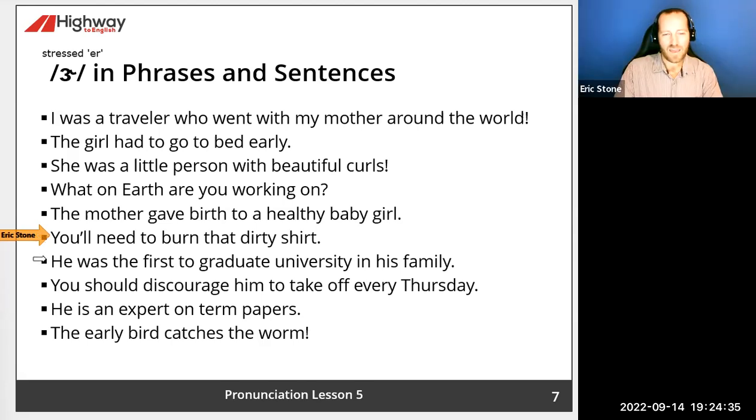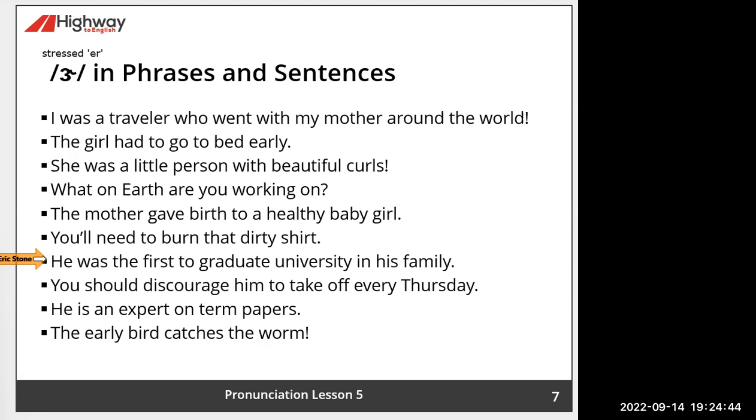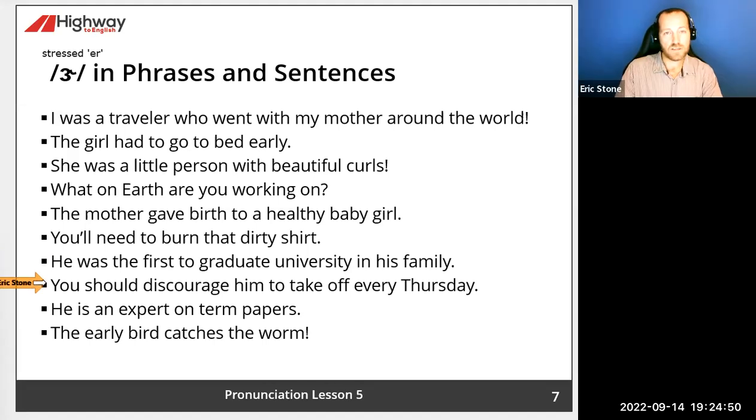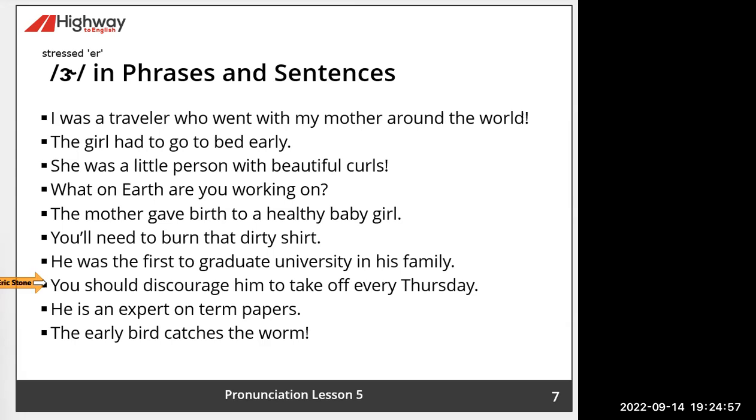Okay. He was the first to graduate university in his family. He was the first to graduate university in his family. Good. You should discourage him to take off every Thursday. You should discourage him to take off every Thursday.